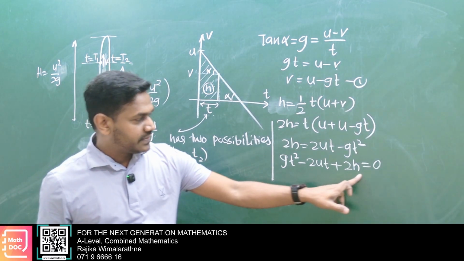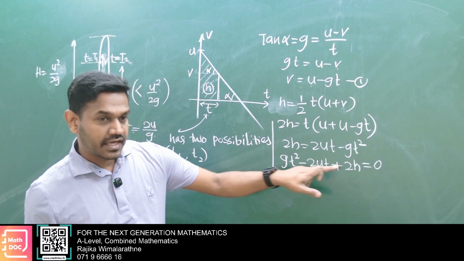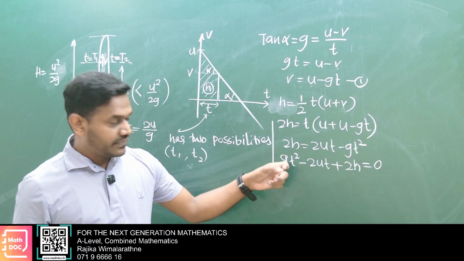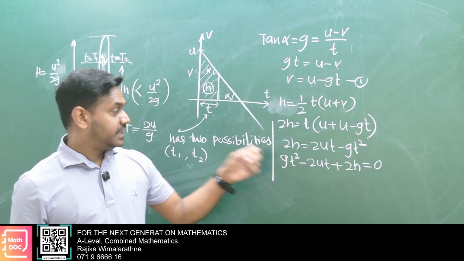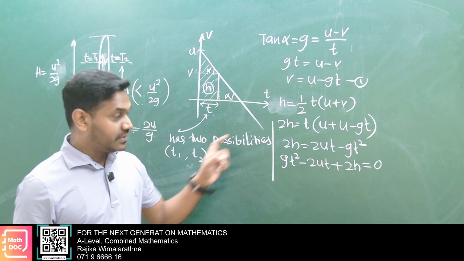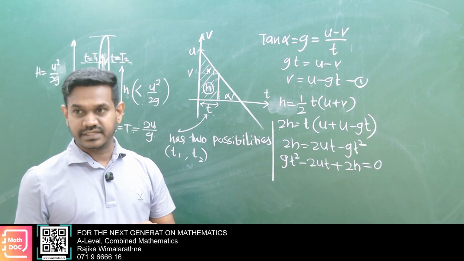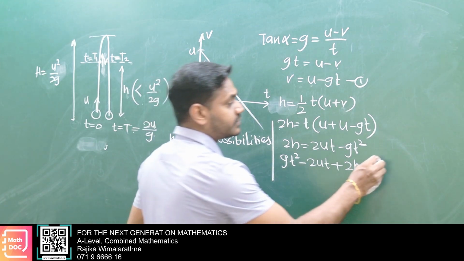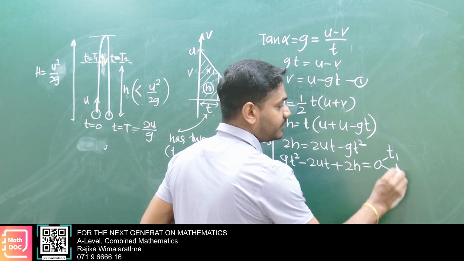When you consider this one, we can see it is clearly a quadratic equation, a quadratic equation of time. So initially I told you there are two possibilities here. Because of this we have two different times. One root will be T1, the other root will be T2.